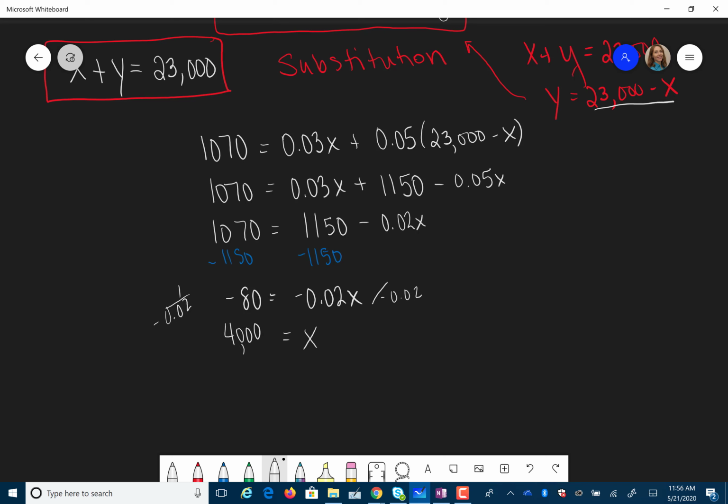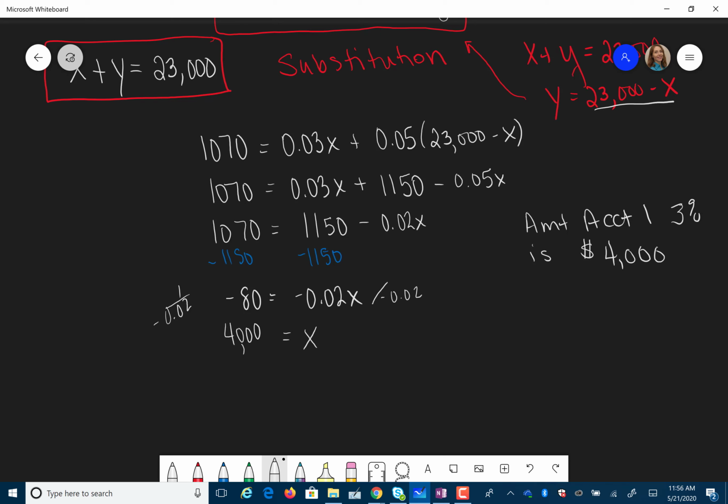Okay, so the amount in account 1 is $4,000. Okay, and remember that was the account, we'll have to go back up there and check, but it was the account that paid 3%.